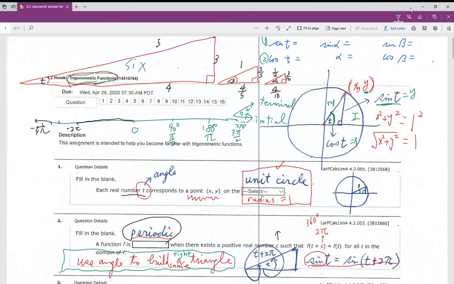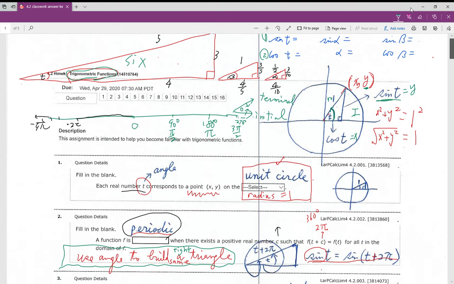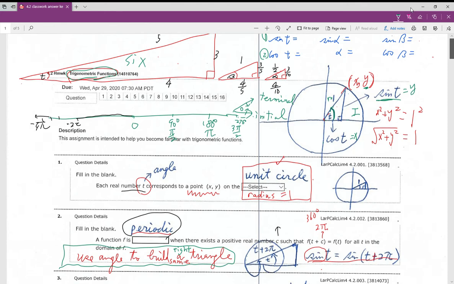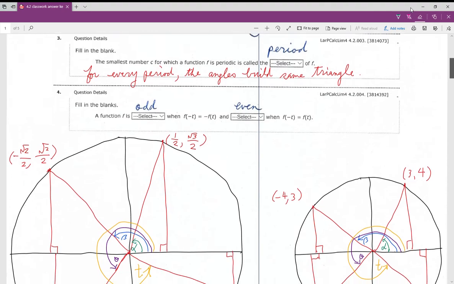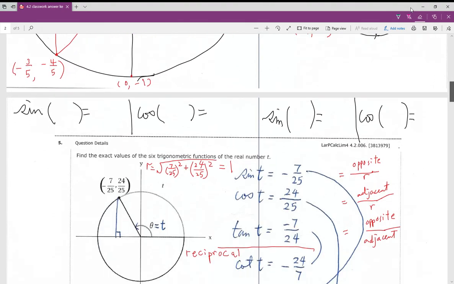I'm going to give you the definition of the sine function and the cosine function right now when the radius is not 1. So let me go to my other handwriting here.